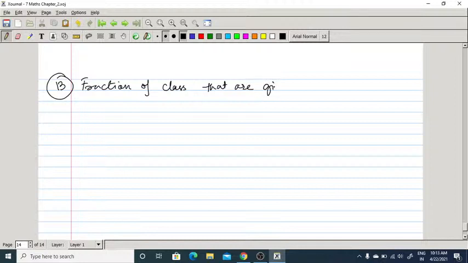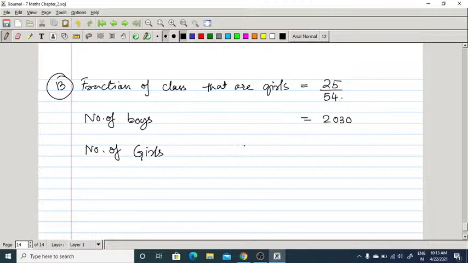The fraction of the class that are girls is equal to 25 by 54, and given that the number of boys is equal to 2030, you have to find out the number of girls. So this is the summary of your question.